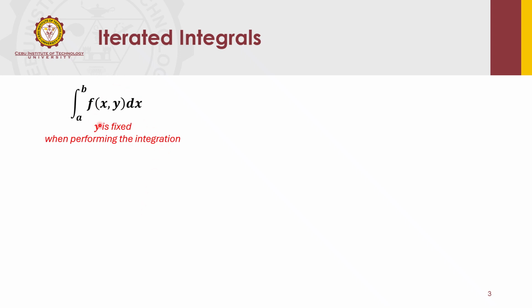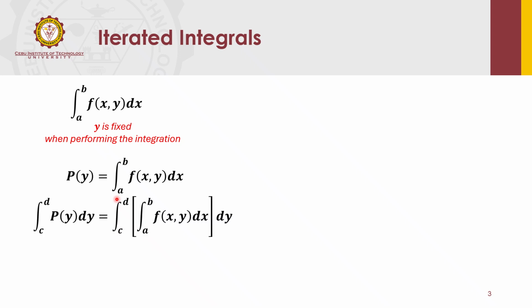So the value of the integral depends on the value of y that is plugged in. And then if we integrate this function, assuming that it is continuous over a given range of y values or set of limits, then we can have what we call an iterated integral.